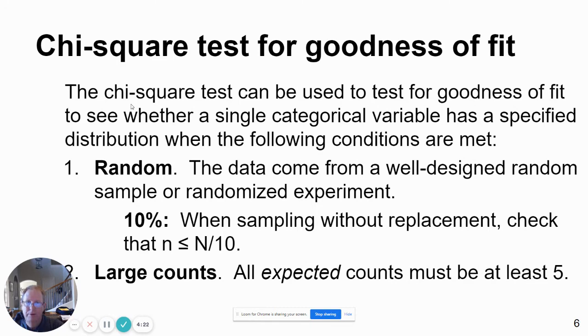So what would you do if, when you're checking the conditions, you find out that one of your expected counts is less than 5? A couple of things. First, I'd go back and check my math to see if I calculated expected counts correctly. It should always be the sample size times the theoretical proportion that you are expecting.